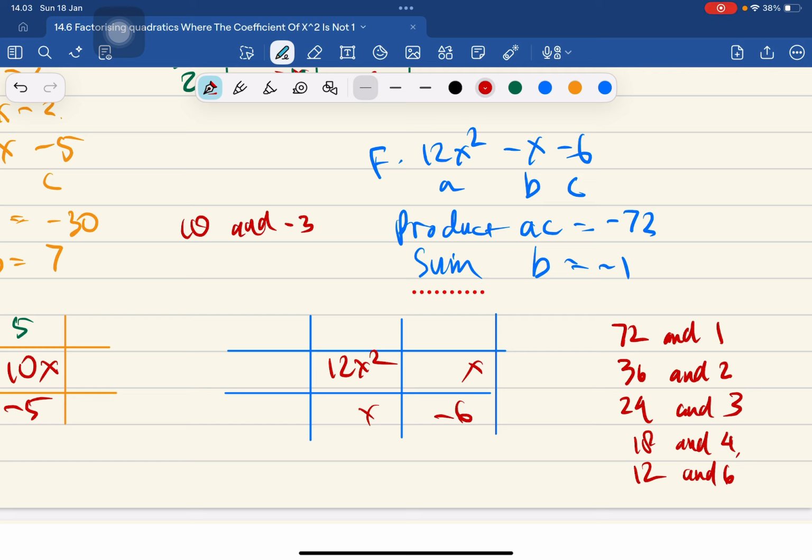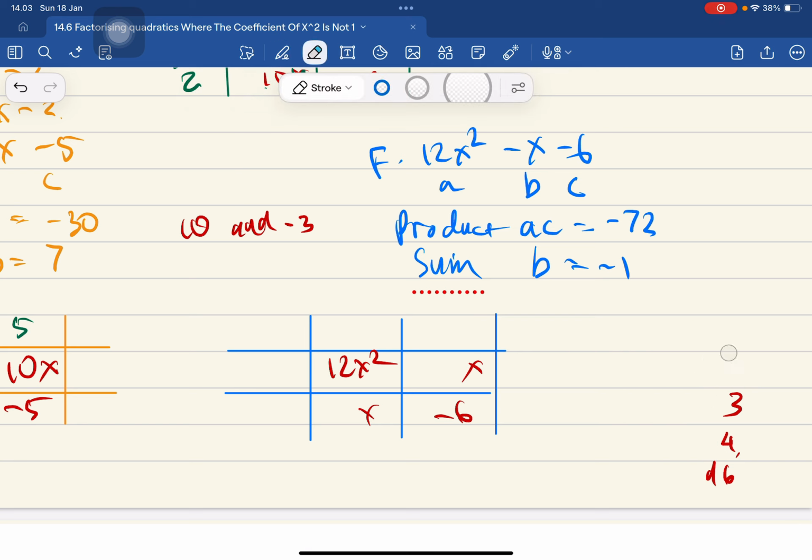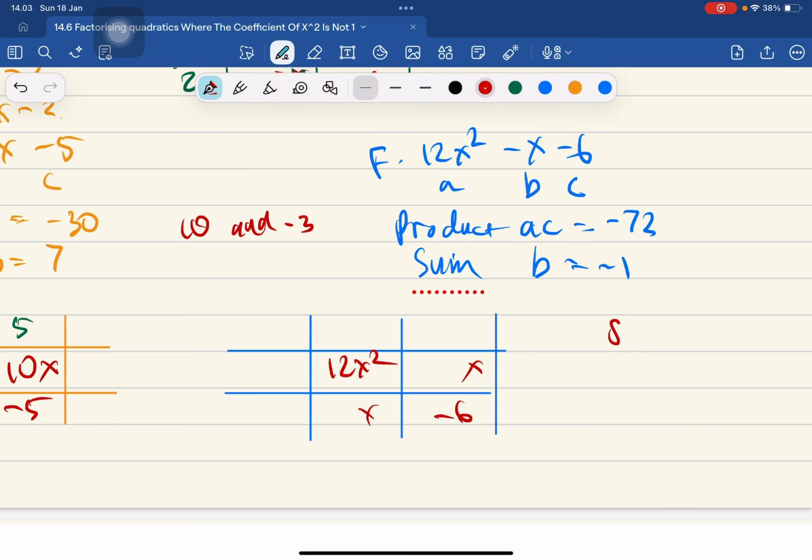So let us take a look here. There it is: 8 and 9. 8 times 9 is going to be 72. So here is the minus. So we can make it minus 9 and 8.